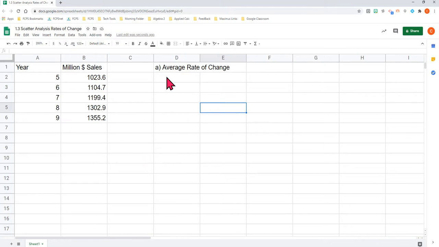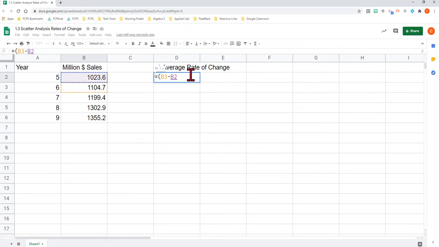All right, how do I do this? Well, I'm going to go ahead and type in a formula. Okay, so I'm going to click here in cell D2, and I'm going to type equals. Now we know that slope is y2, so I'm going to go ahead and click on cell B3, and notice that it highlights, and then it's telling me the value that it's choosing, minus B2.